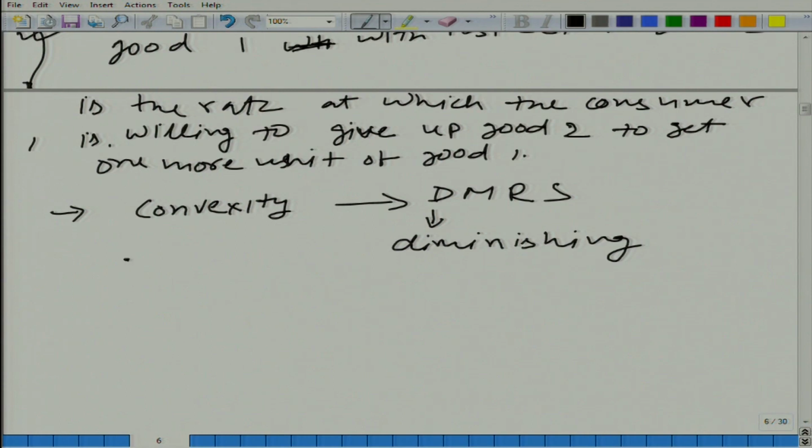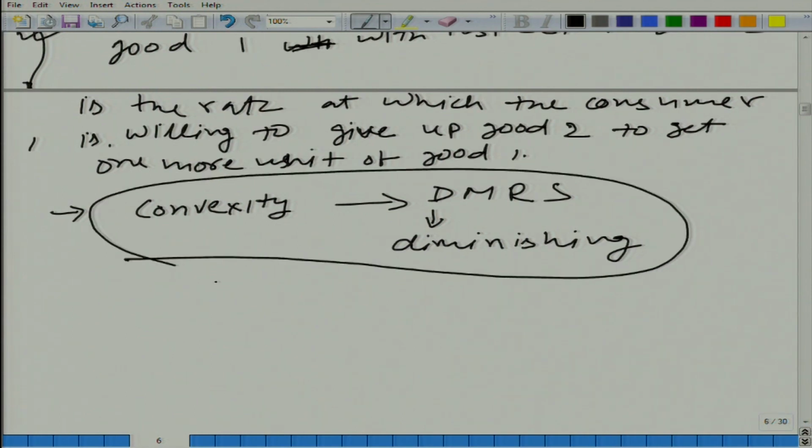But this is not always true. I am not saying that convexity always implies DMRS and DMRS always implies convexity, but I am saying that it is not necessary that an individual's preference would exhibit convexity. Fine.